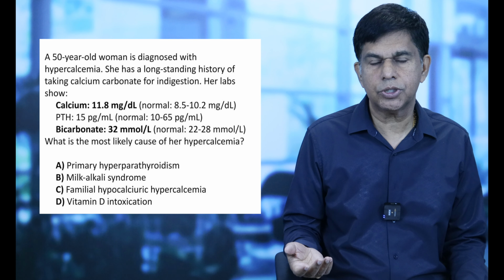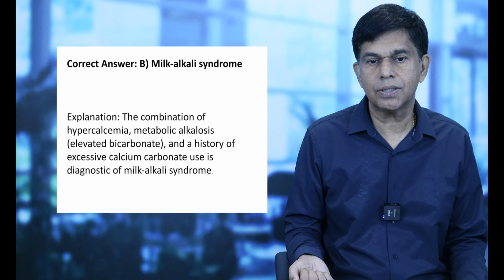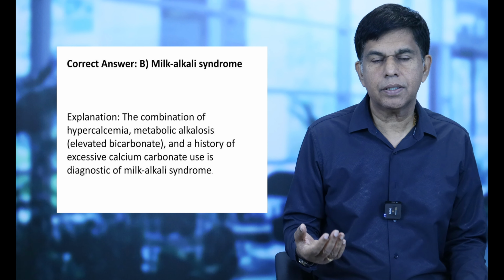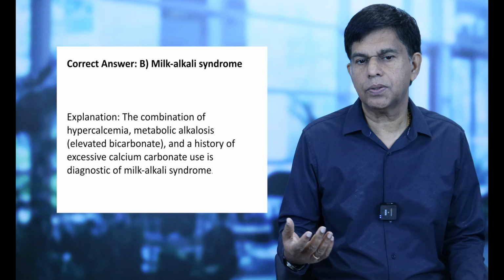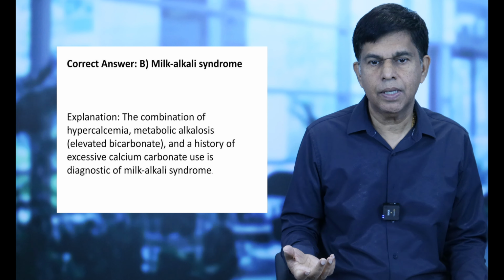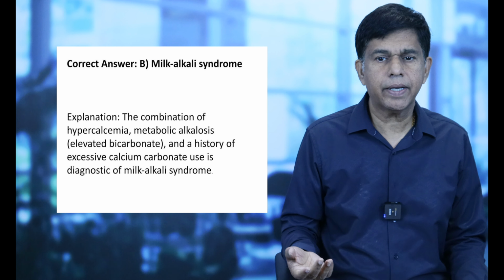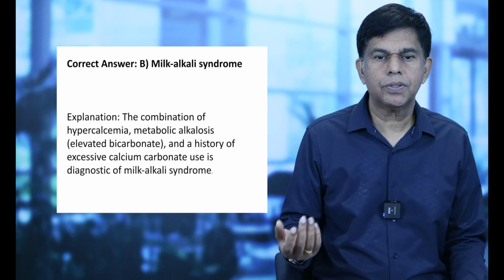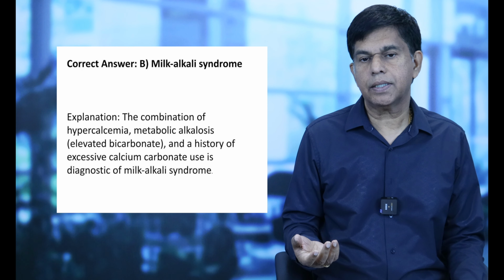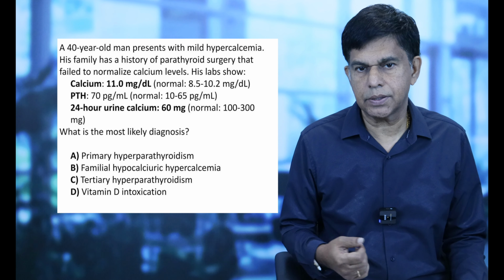Your answer is milk alkali syndrome. If you look, there's a combination of hypercalcemia and metabolic alkalosis, because of elevated calcium and elevated bicarbonate due to excessive calcium carbonate. So this is diagnostic of milk alkali syndrome. That's another beautiful exam question.